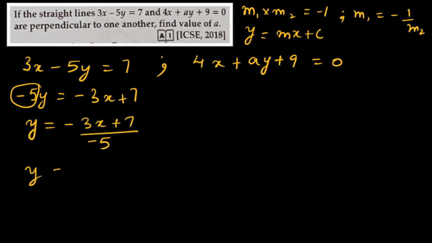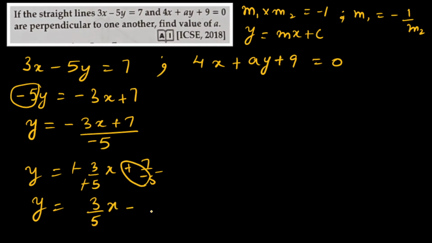So minus 3 by minus 5x plus 7 by minus 5. Minus and minus will get cancelled, so y is equal to 3 by 5x minus 7 by 5. The coefficient of x is 3 by 5, so the first line's slope is 3 by 5.